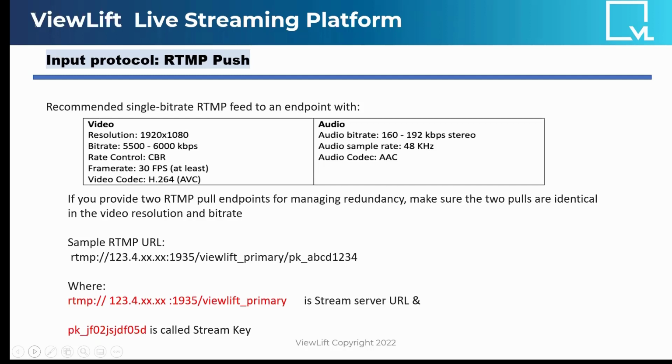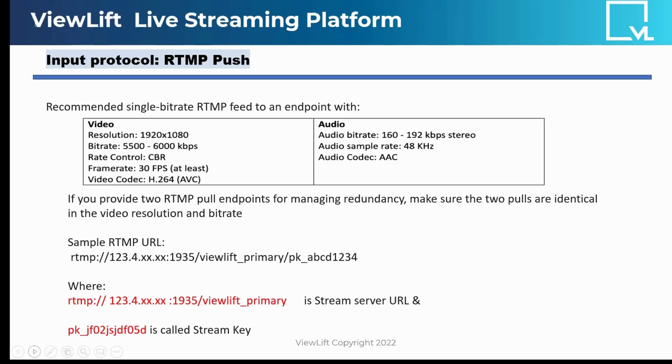There are certain things to consider whenever anyone is pushing RTMP output, such as the encoding parameters. Normally they should encode over a single bitrate. We prefer to receive the video in full HD, meaning 1080p or 1080i, which is 1920 by 1080, and a bitrate of 5.5 Mbps to 6 Mbps is recommended for better quality.